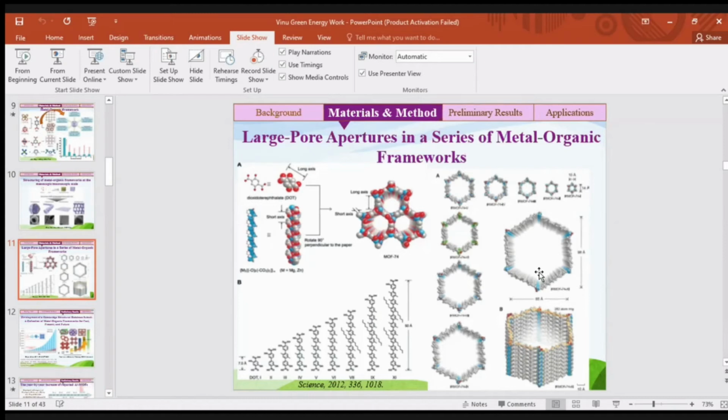When we change the organic linker from a smaller linker to a very long linker, what will happen? It will form microporous to mesoporous in its nature. It depends upon the linker size we are using here.